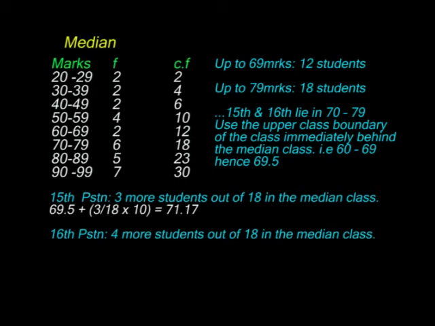So we go like this, 69.5 plus 4, the number of students we need, out of 18. Up to the class of 70 to 79, we have 18 students. Multiply by 10, the class width, and we get 71.72. So the score at position 15 is 71.17. At position 16 is 71.72.